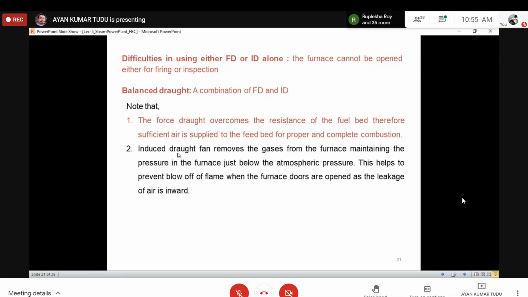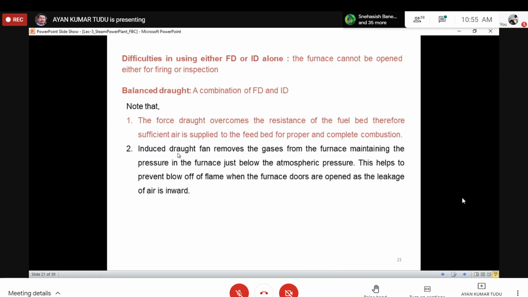Okay, if you think of the grate, up to just below the grate the pressure is above atmospheric, and just above the grate the pressure is below atmospheric. So this helps to prevent blow off of flame when the furnace doors are opened, as the leakage of air is inward.